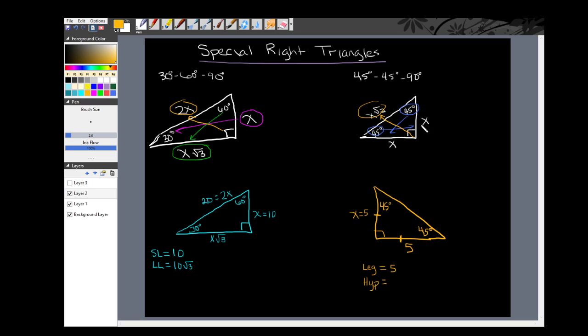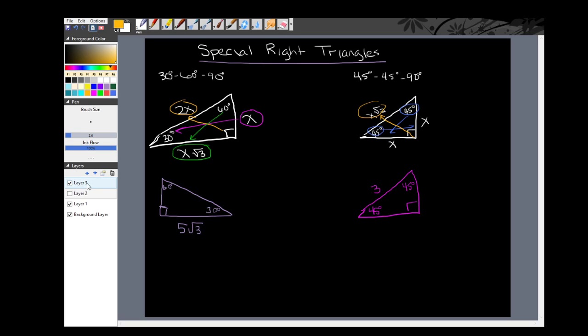And then as I said earlier, to go from the length of the leg to the hypotenuse, you take the length of the leg and multiply it by the square root of 2. So the hypotenuse is equal to 5 root 2. And that would be in whatever units you have: inches, centimeters, dinosaur feet, I don't know, whatever you choose to measure with.